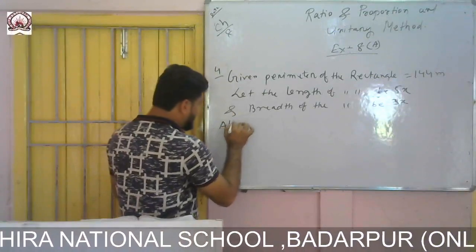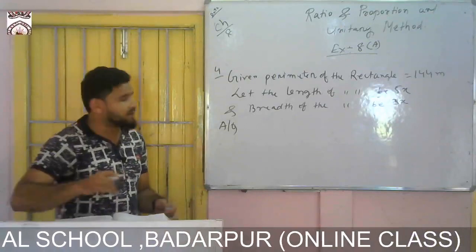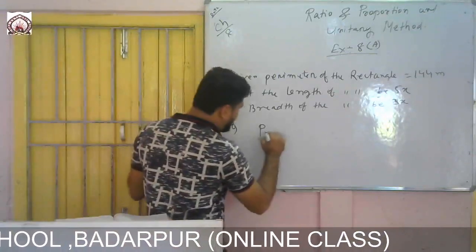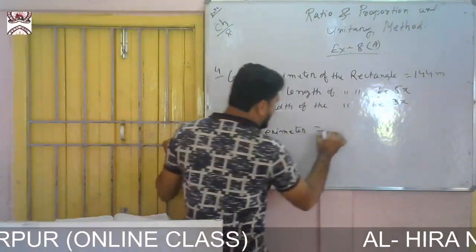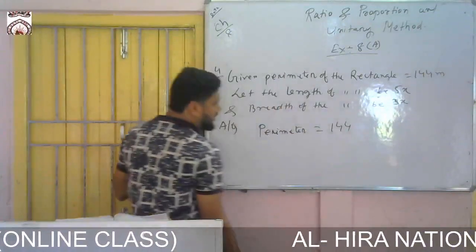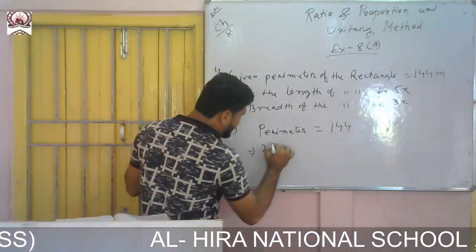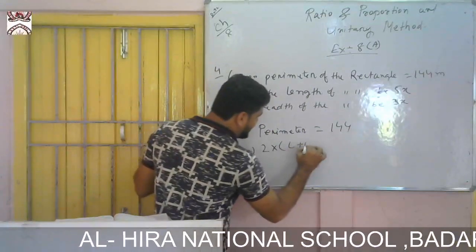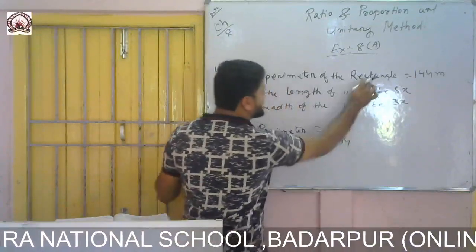According to the question, perimeter equals 144, given. We know perimeter equals 2 into length plus breadth, since it is a rectangle.